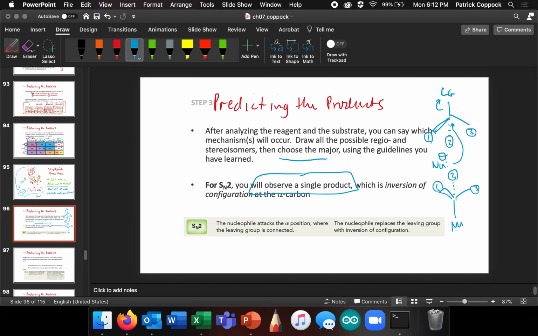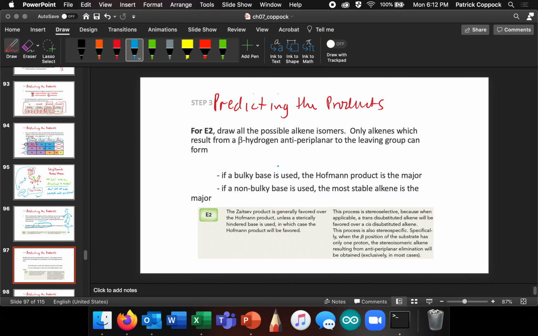So what you're going to do with SN2 is get a single product, and it's going to have inversion of configuration at the alpha carbon. If two of these are the same, or all three the same, then it's not going to matter. But if these 1, 2, and 3 are all different from each other, you will see inversion of configuration, and you're going to have to allow for RS configurations. Okay. So for E2, we draw all the possible alkene isomers.